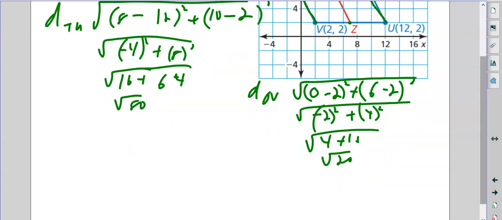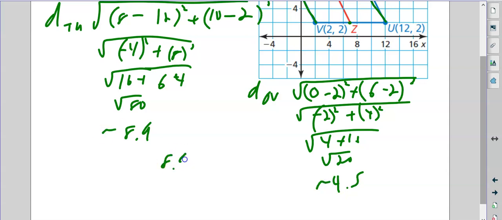Now, technically, the way we're supposed to do this is to simplify the radicals. But you have not done that in a while. We haven't gotten into this course yet. So we're just going to change these into decimals and get an approximation. So the square root of 80 is about 8.9, and the square root of 20 is about 4.5, both approximately.